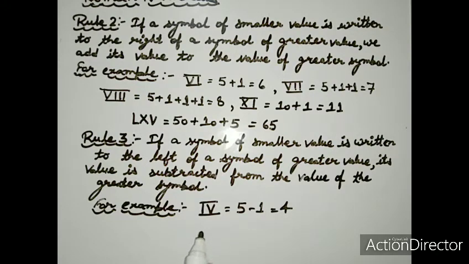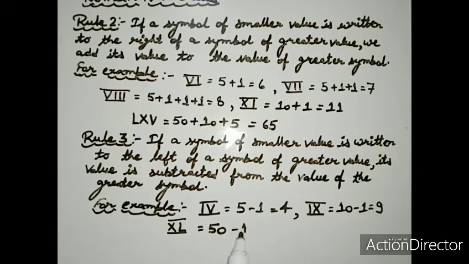And again, if we write 9, then we subtract 1 from 10, so we write I X. Here we subtract 1 from the greater number X: 10 minus 1 equals 9. Now if we want to write 40, we subtract X from 50, meaning X from L, so 50 minus 10 equals 40.